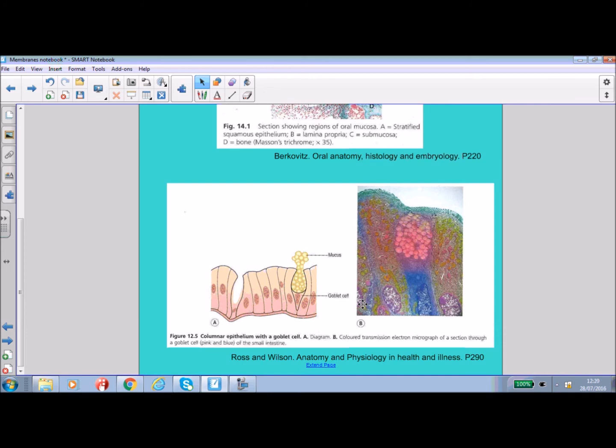But the epithelial layer has no blood supply with which to transport the oxygen and the glucose. However, the submucosa, the connective tissue underneath, is rich in blood supply. That's why if you bite your cheek, it tends to bleed a lot, because you've gone through that epithelial layer into the submucosa, or the connective tissue, and you get a lot of bleeding from that because it's got a rich blood supply.